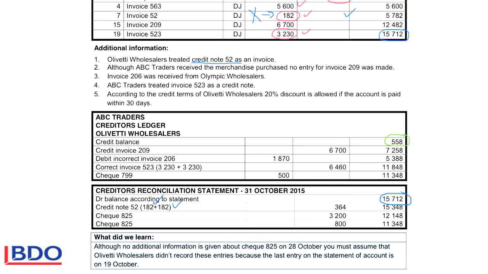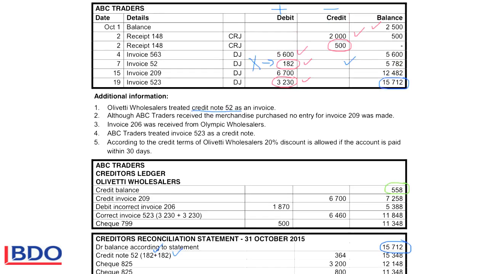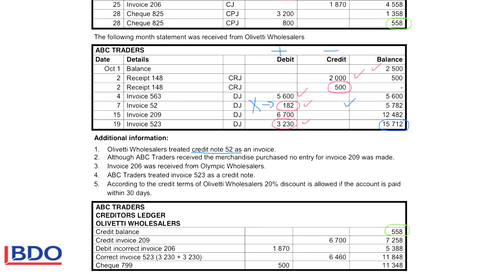If we look at the additional information number 2, although ABC Traders received the merchandise purchase, no entry for invoice 209 was made. Okay, so if we look at invoice 209, we see here on the monthly statement received from Olivetti Wholesalers that there's invoice 209.